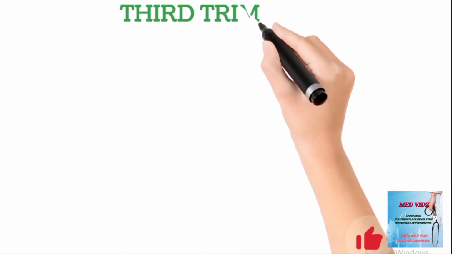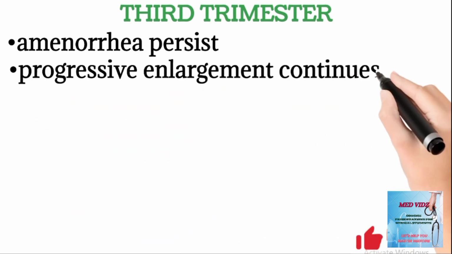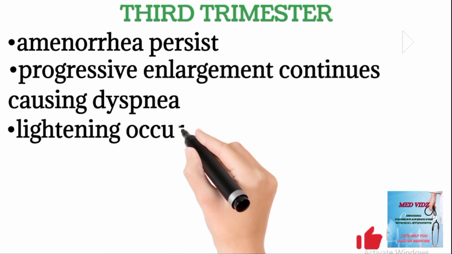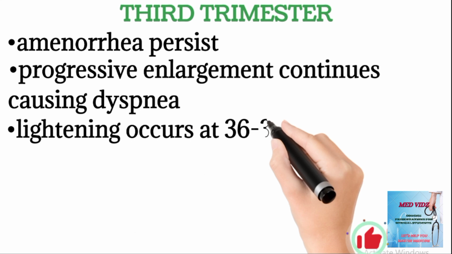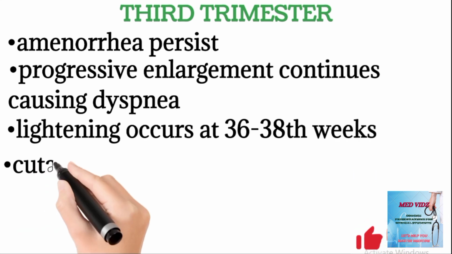And then in the third trimester, amenorrhea persists, and there is progressive enlargement of the uterus, and this causes dyspnea, difficulty in breathing. And then you have lightening that occurs around the 36th to 38th week.